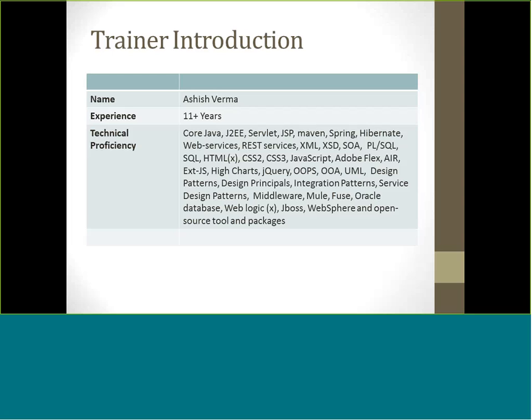JDK 1.8 is the latest one, but we do it with JDK 1.7 because JDK 8 is still not established, right? If you are taking this course seriously, doing the exercises regularly, and doing the sub-projects during the course, I'm sure you will be able to take this certification, because whatever the certification requirement is, we teach more than that.